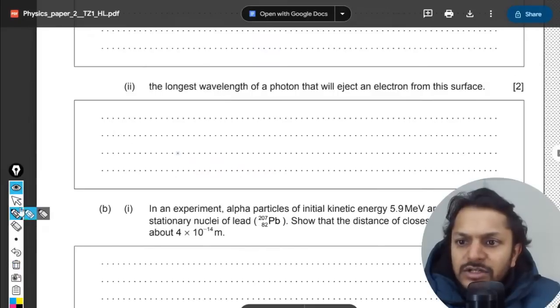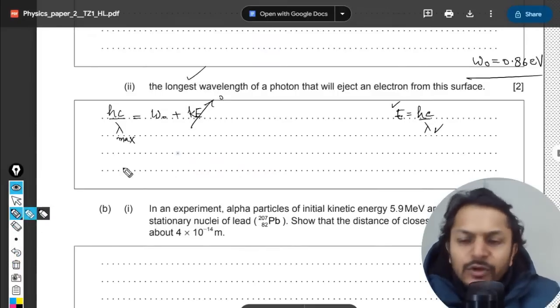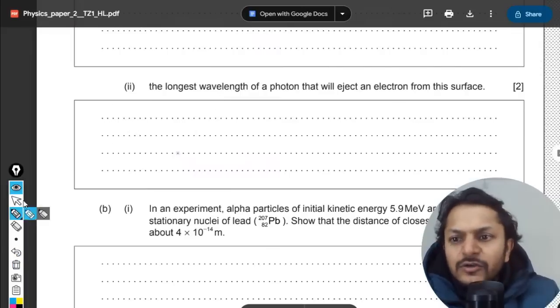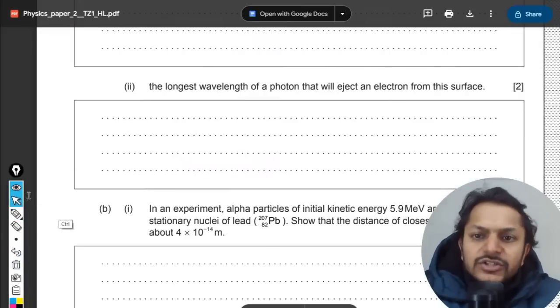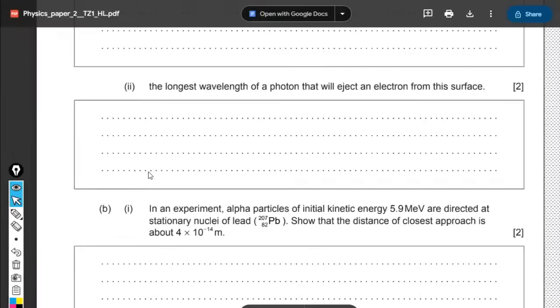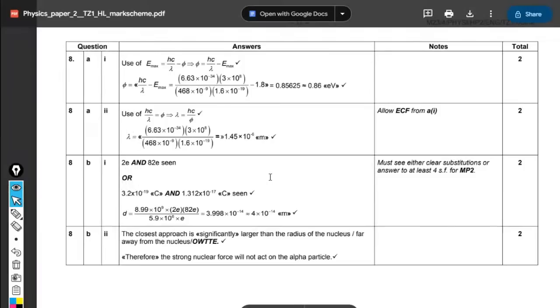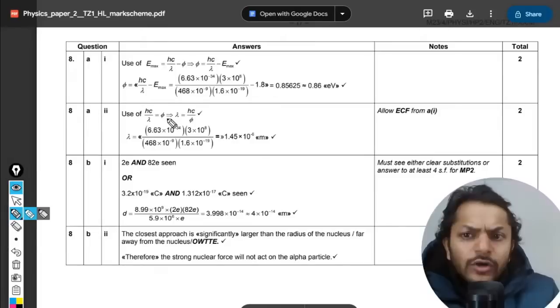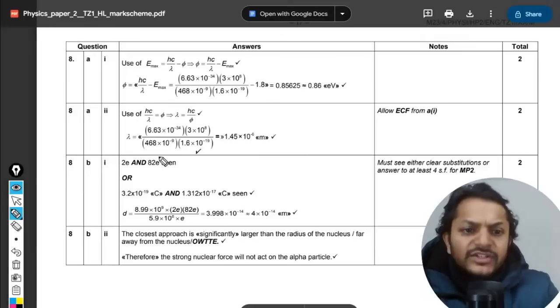Again, I am not calculating it, like work function is 0.86. Accordingly, plug in the value, get the answer. So, hc by lambda is equal to work function. Kinetic energy in this equation is taken to be zero, as I've already told you, and you divide it by the charge of electron.